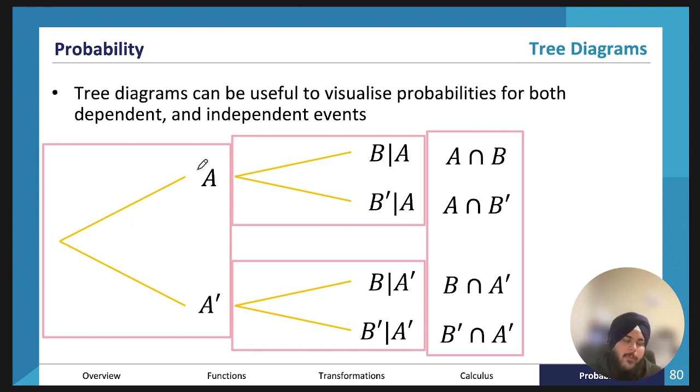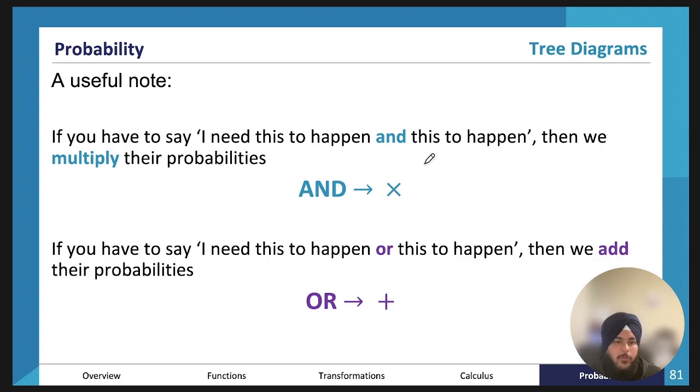So we have probability of A. We write the probability of A above here. And therefore the probability of the complement of A is just going to be the opposite, so 0.4. And then we go along, we find the probability of B, B not, and so on and so forth. I'm pretty sure all of you will be very familiar with how to use tree diagrams. Otherwise, do let me know if you have any questions, but we'll move on to a practice question.